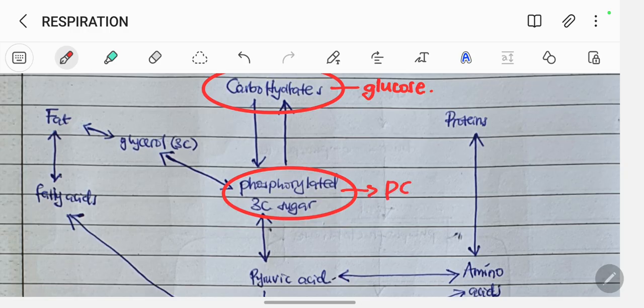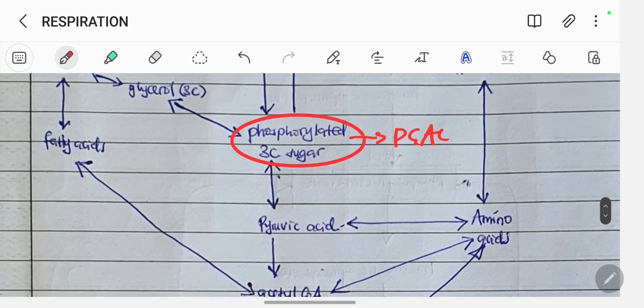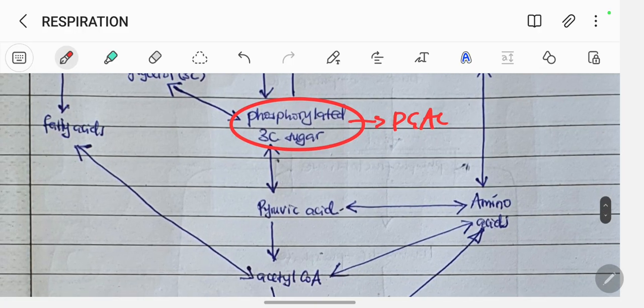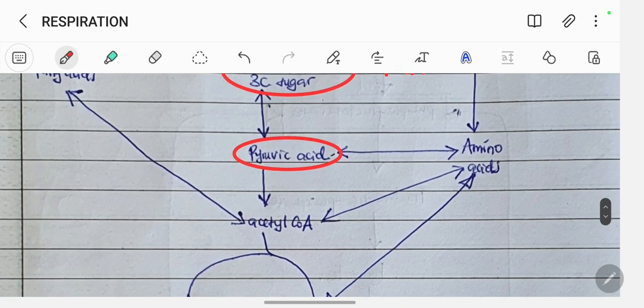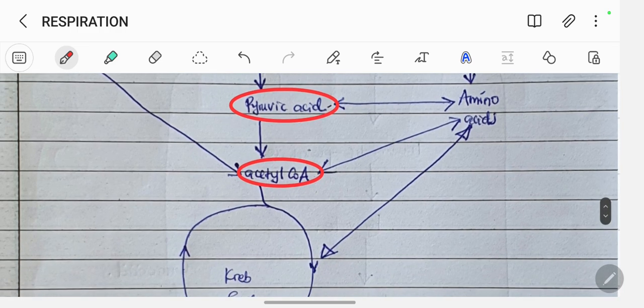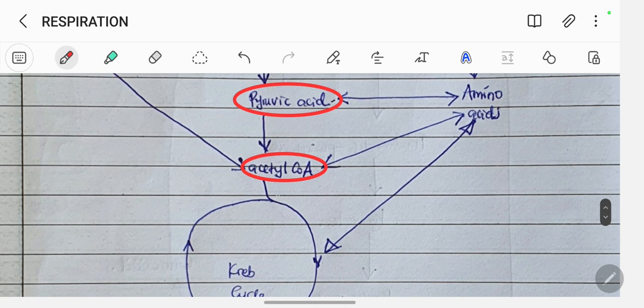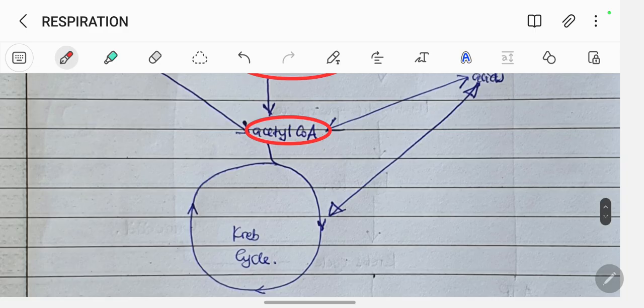This one is bigger. So that one is a 3 carbon sugar, phosphoglyceraldehyde. And this phosphoglyceraldehyde will undergo a series of reactions to form pyruvic acid. Now, it's this pyruvic acid that turns to acetyl-CoA. And from acetyl-CoA, we go in for the Krebs cycle there.